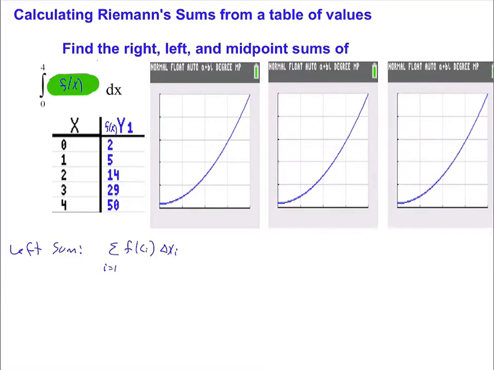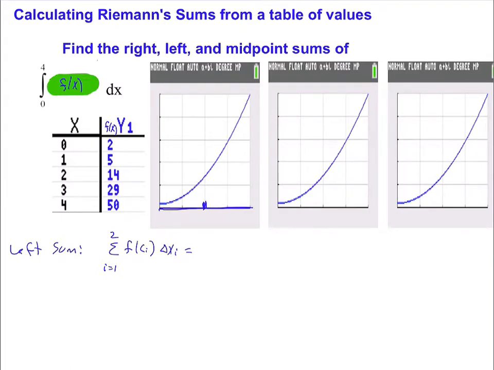And let's just keep it simple here, and let's use 2 rectangles. So if I want to use 2 rectangles, or 2 subintervals, to approximate the definite integral, to make things easier, I'm going to chop this in half. I'm going to use that as my breaking point.